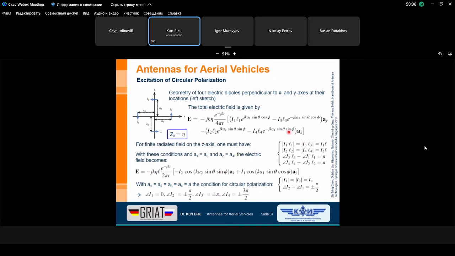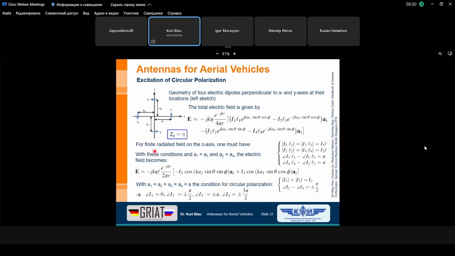The components we know already. Here is the normal vector in y direction and the normal vector in x direction, and the electrical potential, this and this.